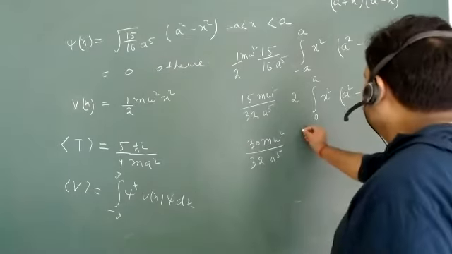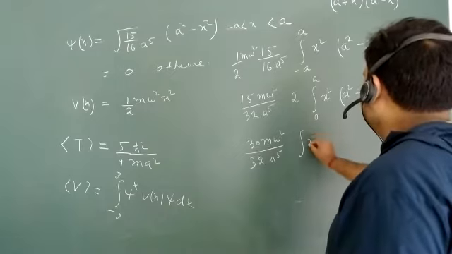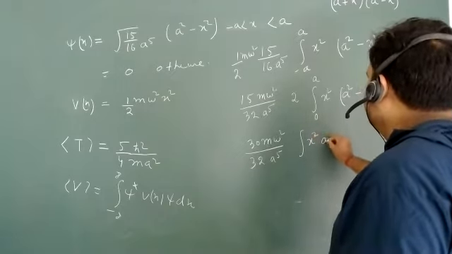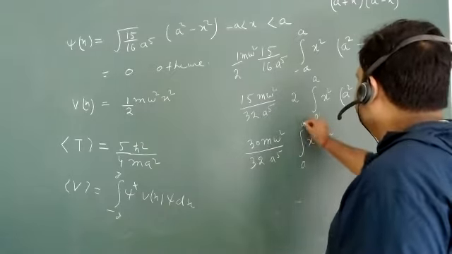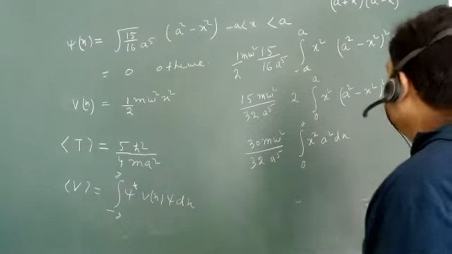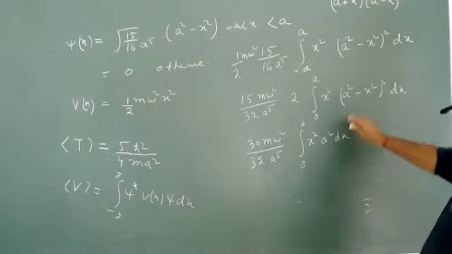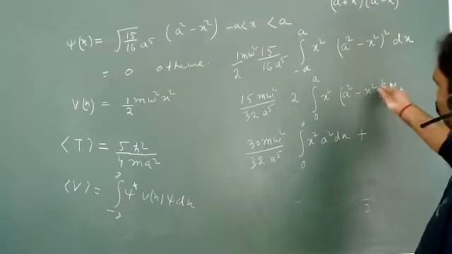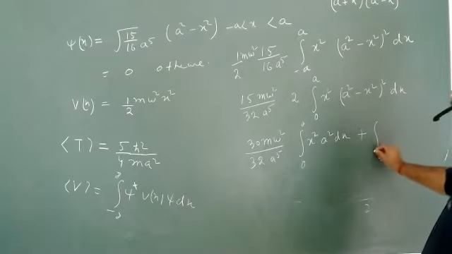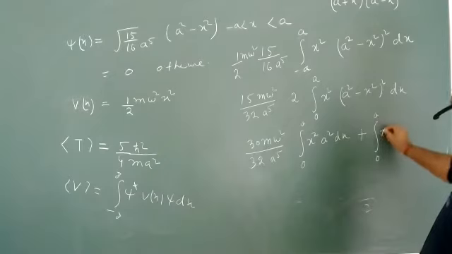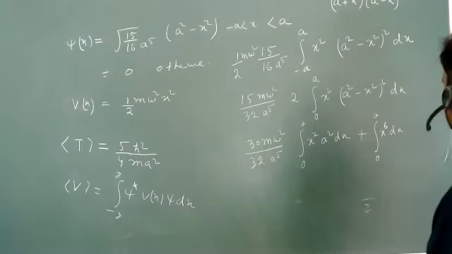So we have the first integration, a square x square from 0 to a dx. The second integration is x to the power 4 into x square, so we have the integral from 0 to a of x to the power 6 dx, and the cross term is also there.